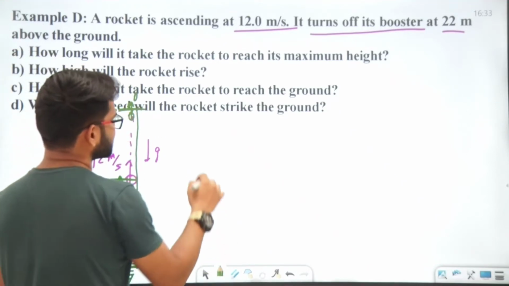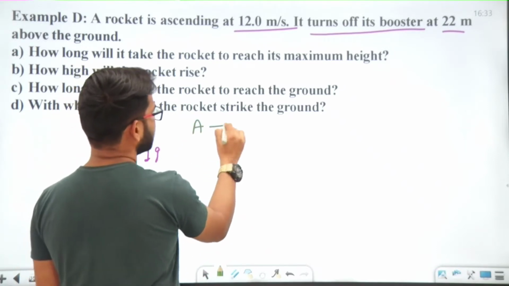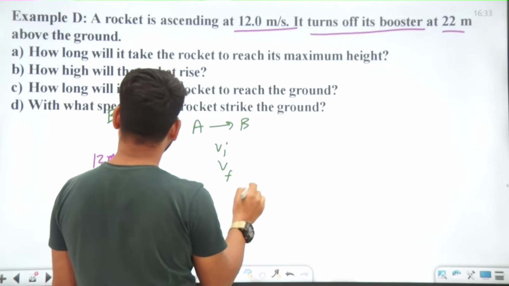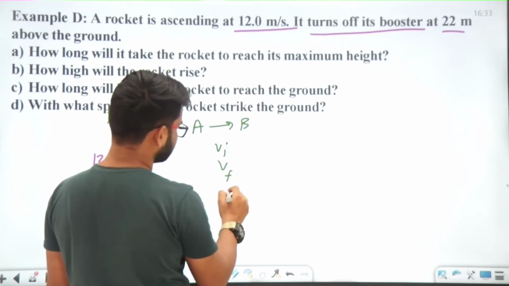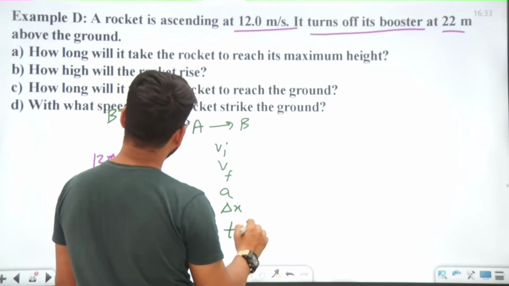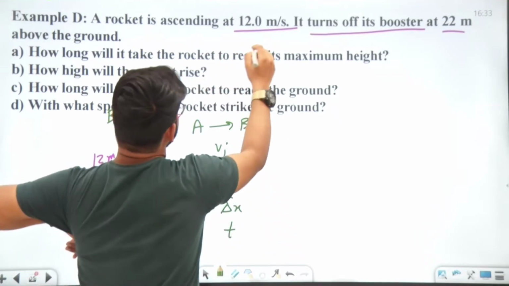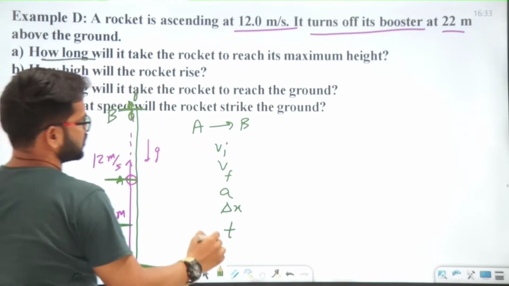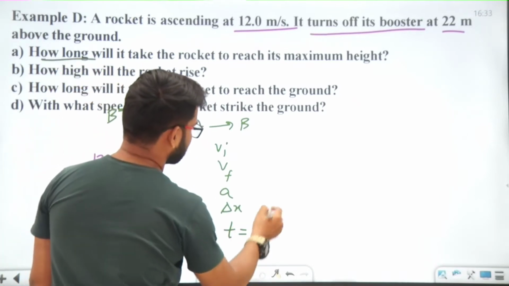So for A to B, can we write VI, VF, A, delta X and T. It has asked about the time, how much time it will take to reach the maximum height.